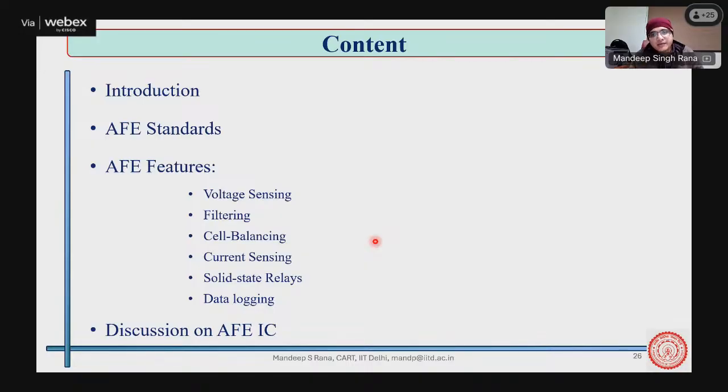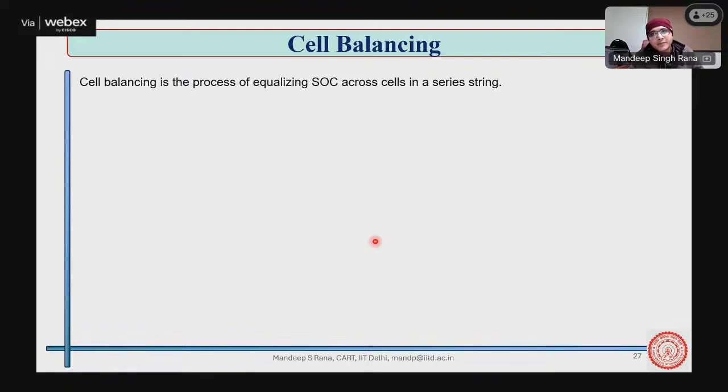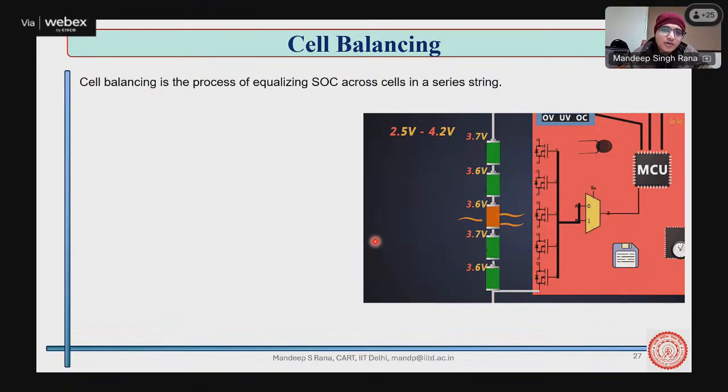And then the next thing coming up from this voltage sensing is cell balancing. There are various reasons why we are doing this cell voltage measurement. One of those reasons is that we want to monitor the voltage of each cell and make them equal.